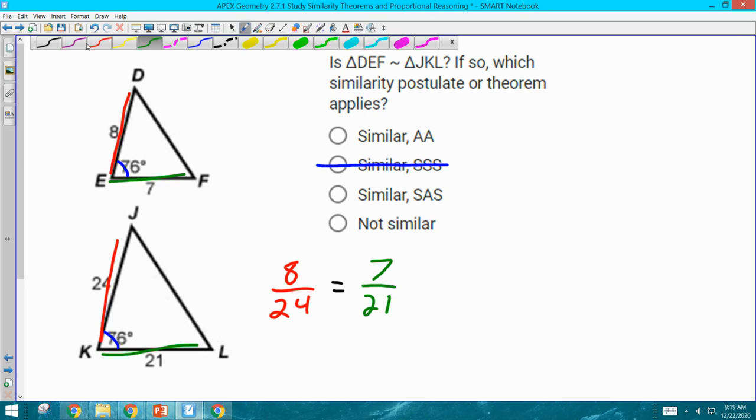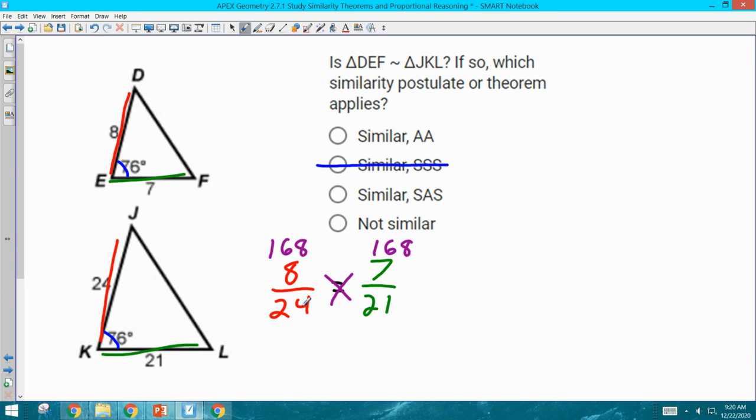I could get a calculator, but I could just simplify these fractions and then cross multiply. If I did cross multiply, I should get 168, and again, if I did cross multiply here, I should get 168 as well. But I could reduce these to 1/3 and 1/3, and I could see that those two fractions are the same. The two scale factors are the same.